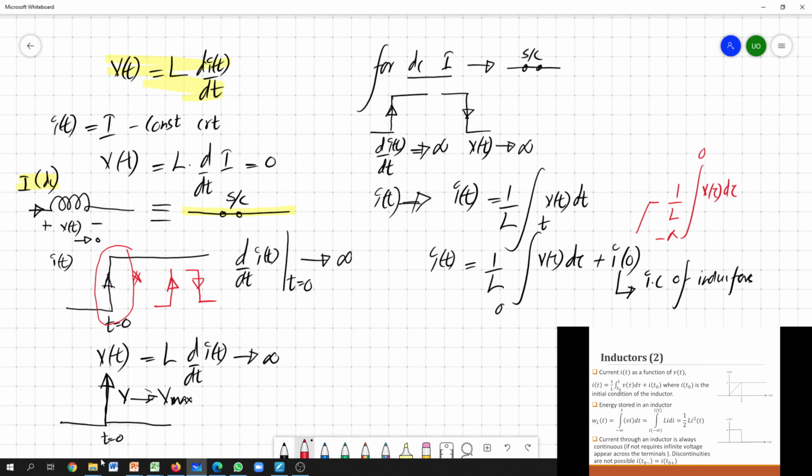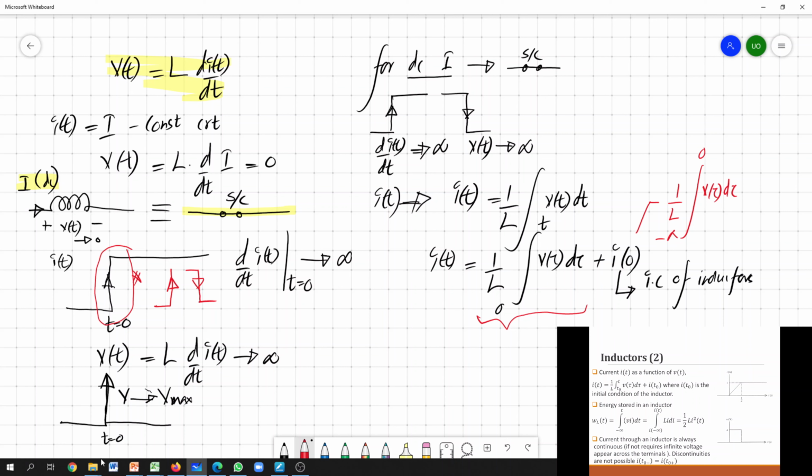What happens from the past up to the present is captured through this initial condition. So the initial condition itself gives a clue about the behavior of the inductor during the past, and the integral captures the trend during the future. If you want to evaluate the current flow through the inductor, this is the simple equation. 1 over L is the constant for the given inductor, the inductance value of the inductor.